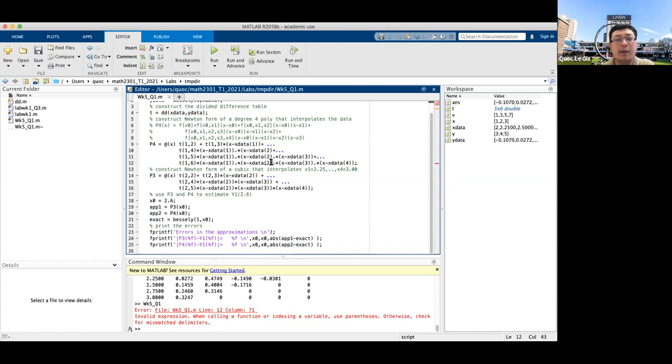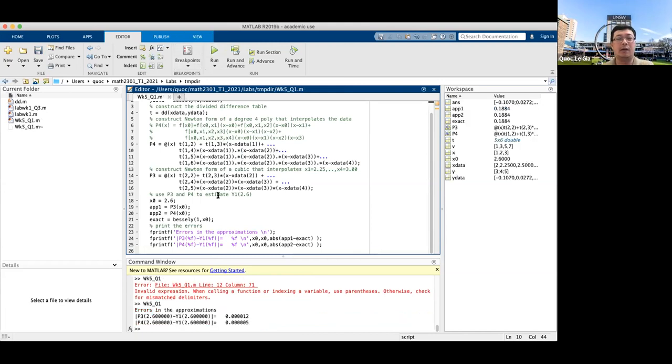We missed the close parenthesis here. Maybe it will fix it. No, missed it here as well. That's it. Now run again.